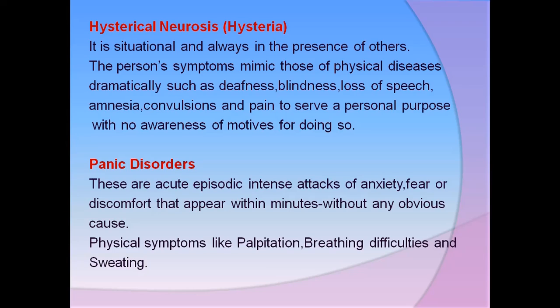It is a situational and always in the presence of others. The person's symptoms mimic those of physical diseases dramatically, such as deafness, blindness, loss of speech, amnesia, convulsions, and pain to serve a personal purpose with no awareness of motive for doing so.